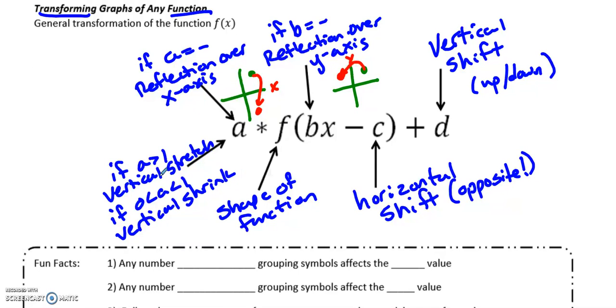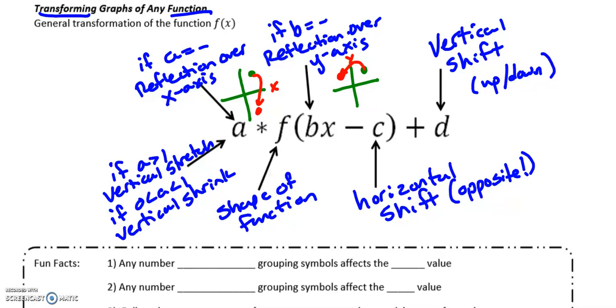And now notice I'm talking about a values here. I break it into two different sections. So for example, if my a was -1/2, I would see this as a reflection coming from up here, and then I'd see it as a vertical shrink coming from down there. So I don't really look at it in terms of the negative being a negative value. The negative just means reflection, and then we look at the a value.